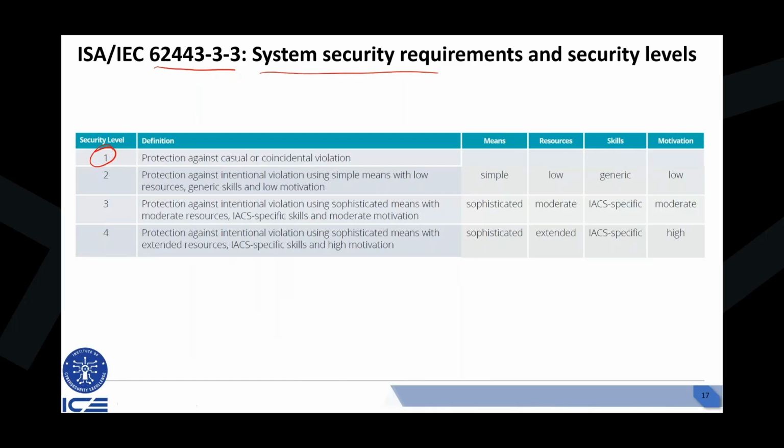If you want to protect your systems and components against intentional violation using simple means with low resources, generic skills, and low motivation, then you should define your security level target to be 2. If I take the same example for the power button, you just put maybe a cover that doesn't have any lock on it.